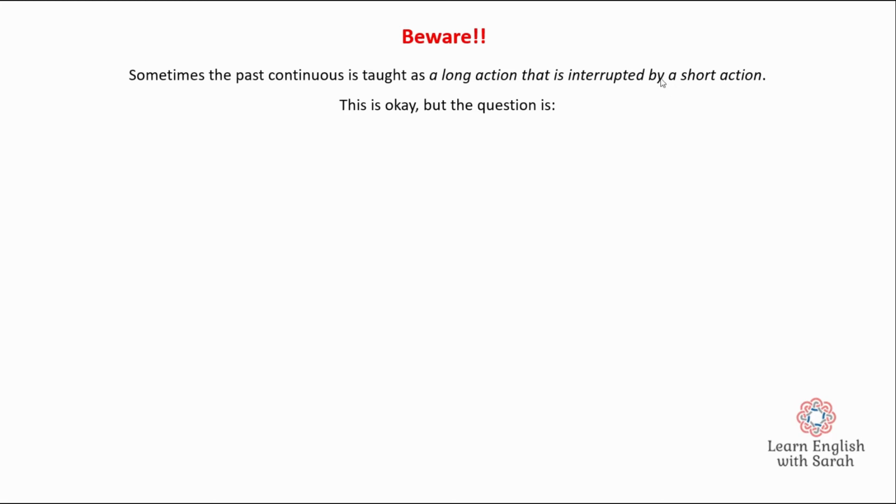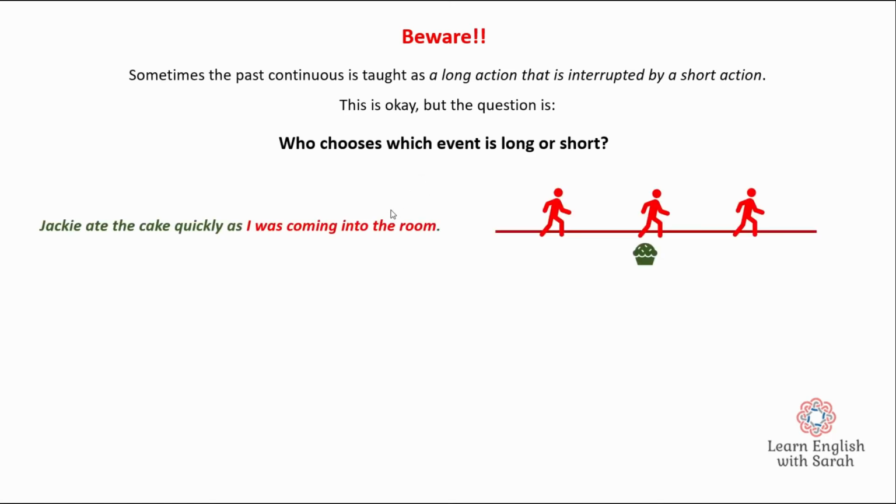So you often find sentences like, Alex was having a bath when the phone rang. So the idea is you have this long action and something short happens in the middle of it. And this is okay. There's no problem with this. But the question is, who chooses which event is long or short?